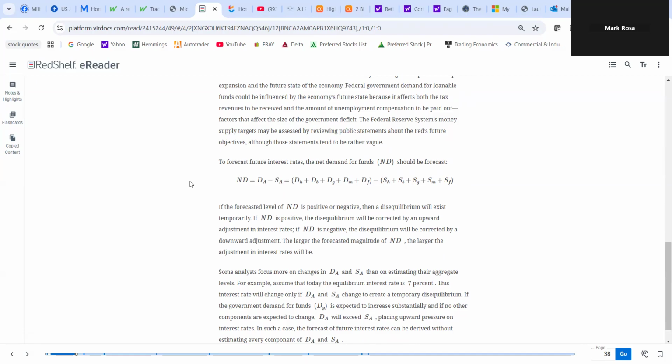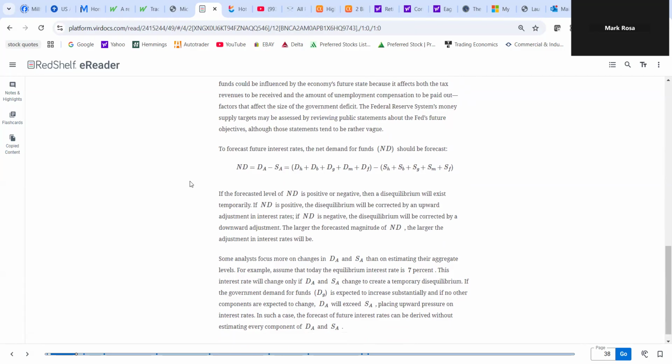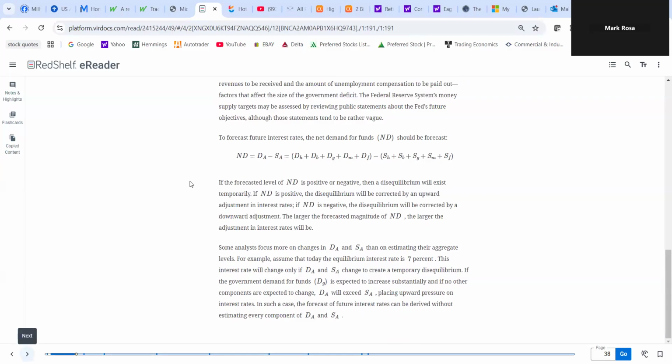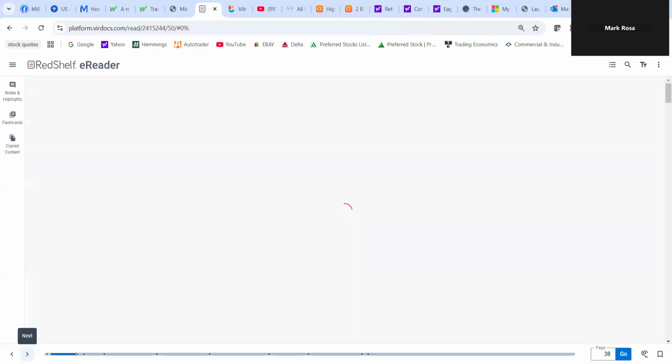And I'm not so hung up on this. From a conceptual standpoint, it makes sense to us, and we don't have to dig any deeper. I'm not going to ask you what the equation is from a testing standpoint, just more of a conversational standpoint of what this chapter is trying to get across to us.